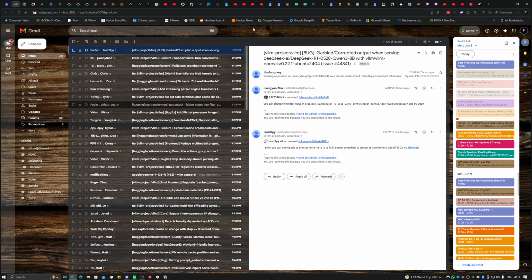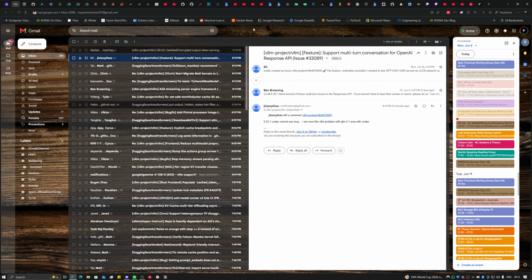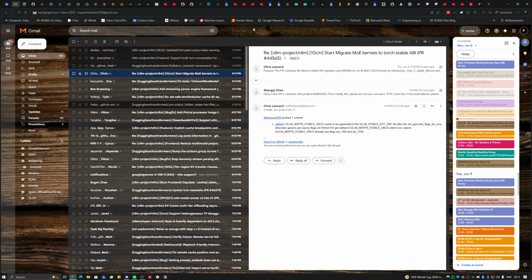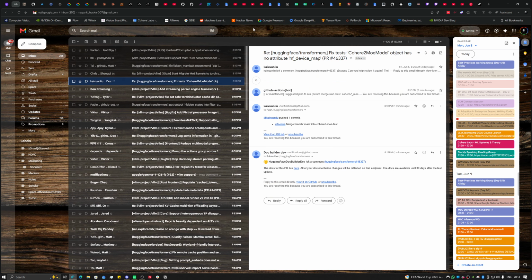This is a bug in the vLLM project. This is a feature supporting multi-turn conversation for the OpenAI Response API. Pip install kernels and fast path warnings. Migrate MoE kernels to torch stable ABI.